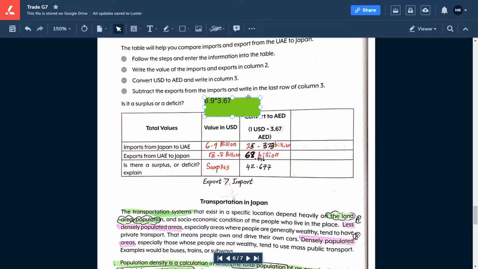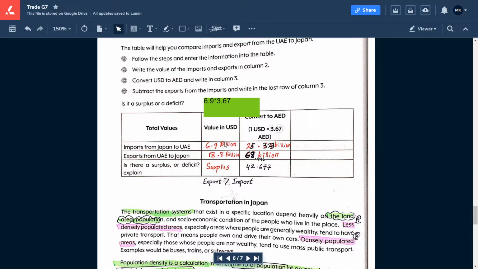So here's the value in US dollars, and we have to change it to UAE dirhams, AED. So what are we going to do?